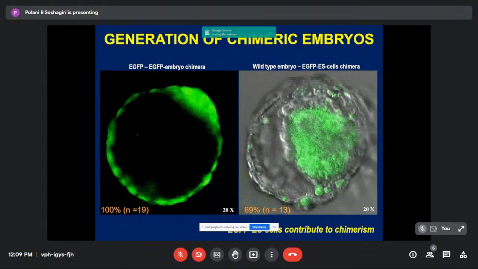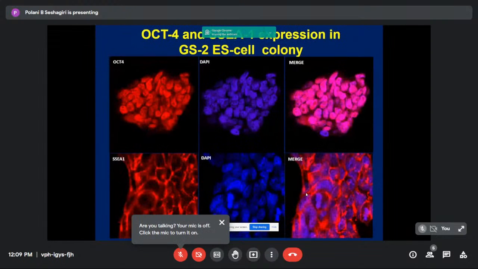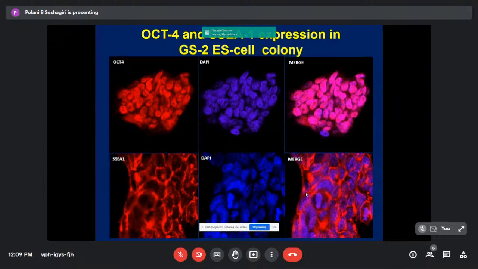You can also mix these cells with the wild type cells from the blastocyst. You remember the blastocyst and the inner cell mass. If you mix these 2 cells, they all have the same property. The inner cell mass of the blastocyst and these cells have the same property because they have originally come from there. They will mingle very well and form those embryos, and eventually the organisms formed are called chimeras.